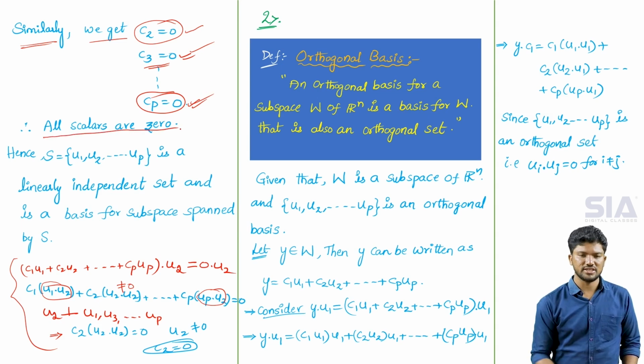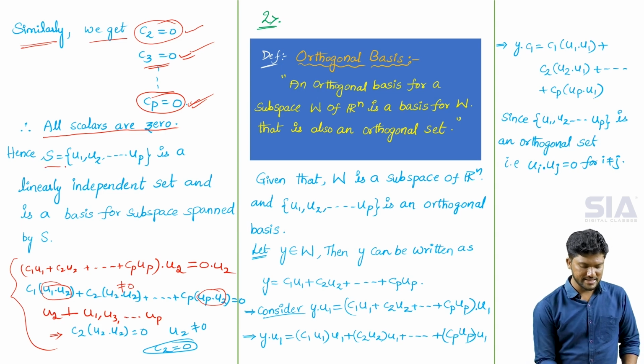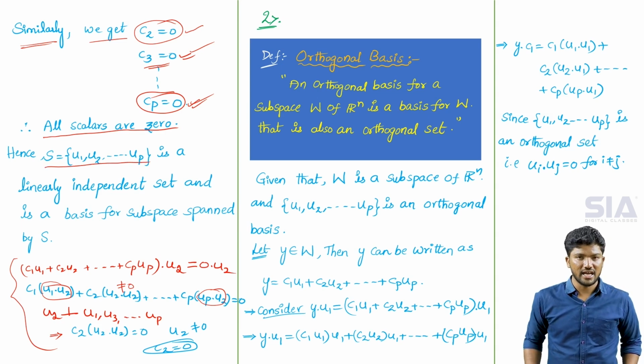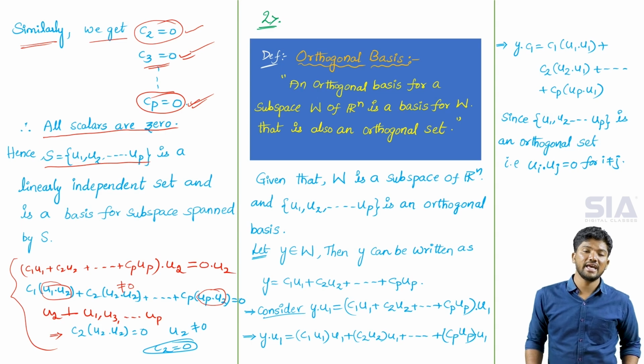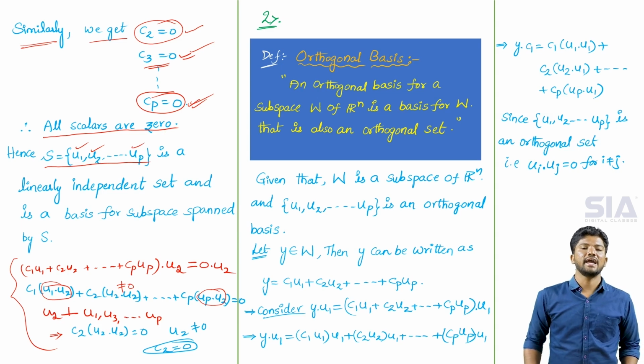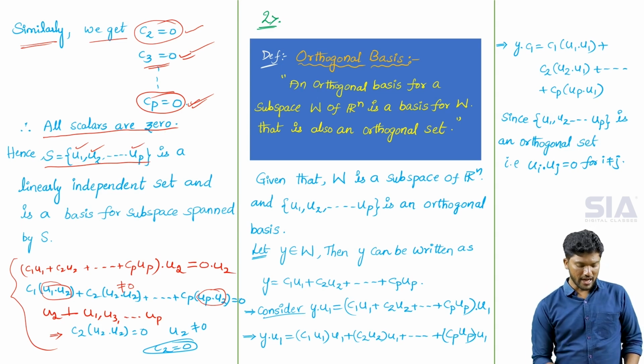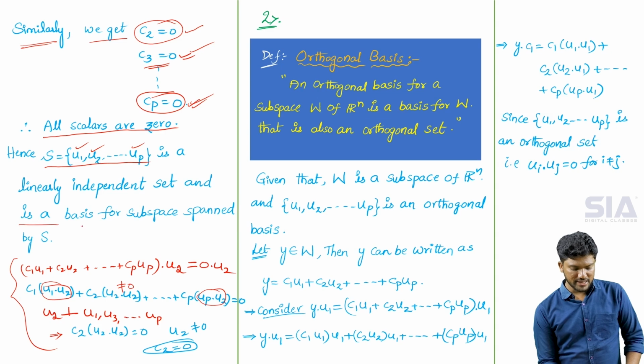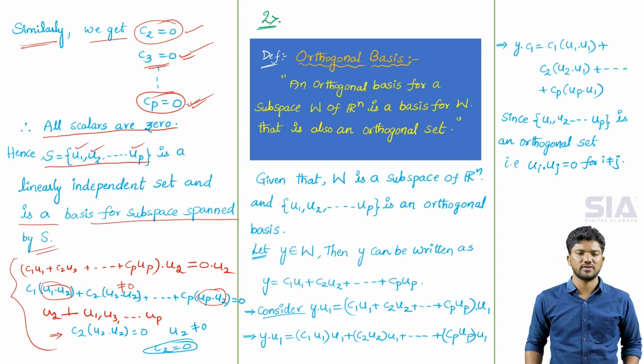All scalars are 0. Then, whenever all scalars are 0 in the linear combination, that set is a linearly independent set. Therefore capital S is equal to U1, U2 up to U suffix P is a linearly independent set, and it is a basis for the subspace spanned by capital S.